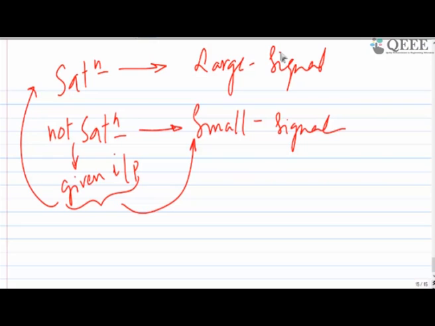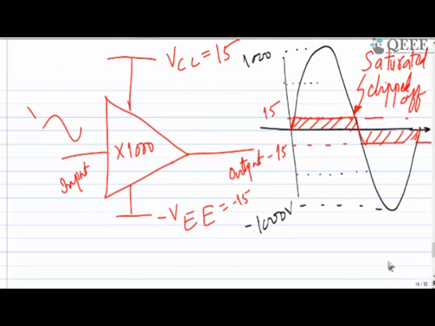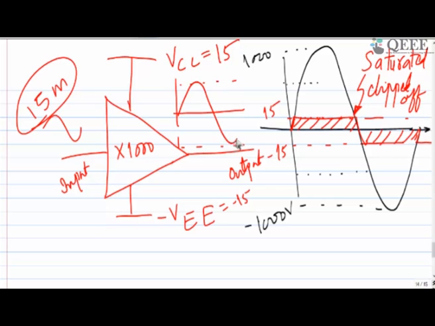If I'm asking you whether 1 millivolt is small or large, you will say yes, of course, it's a small signal. 2 millivolt, yes, it's small. If I am applying 3 millivolt, 10 millivolt, still it's small. If I am applying 15 millivolt, still it's small, because your output will reach plus 15 and minus 15 exactly without disturbing your sine wave, without saturating or clipping off.